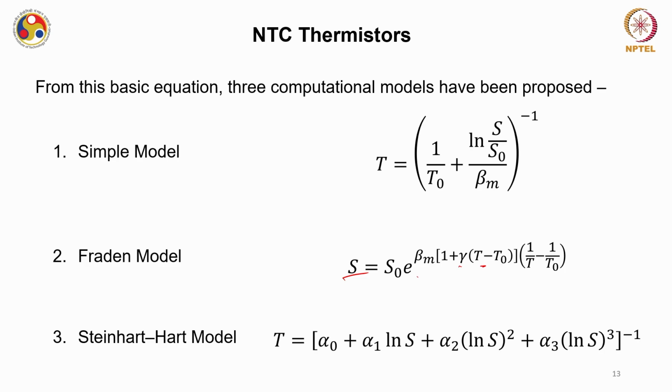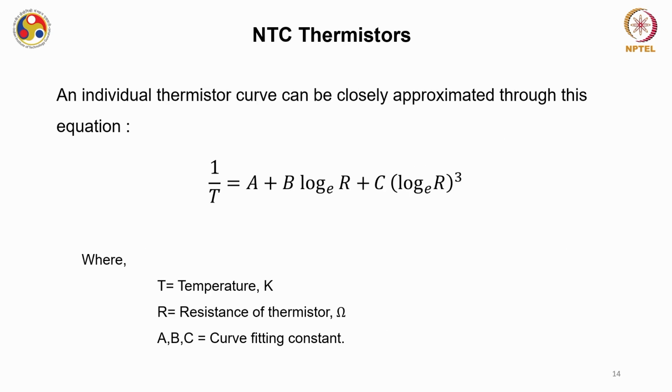Then the third, which is very popular, is known as the Steinhart model, which suggests temperature is equal to (α0 + α1 ln S + α2 (ln S)² + α3 (ln S)³) whole inverse. This is the Steinhart model, and deriving from this there are some more versions of this particular equation.